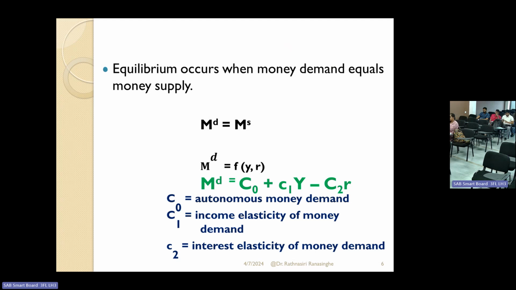According to Keynes, our money demand function depends on income and the interest rate.